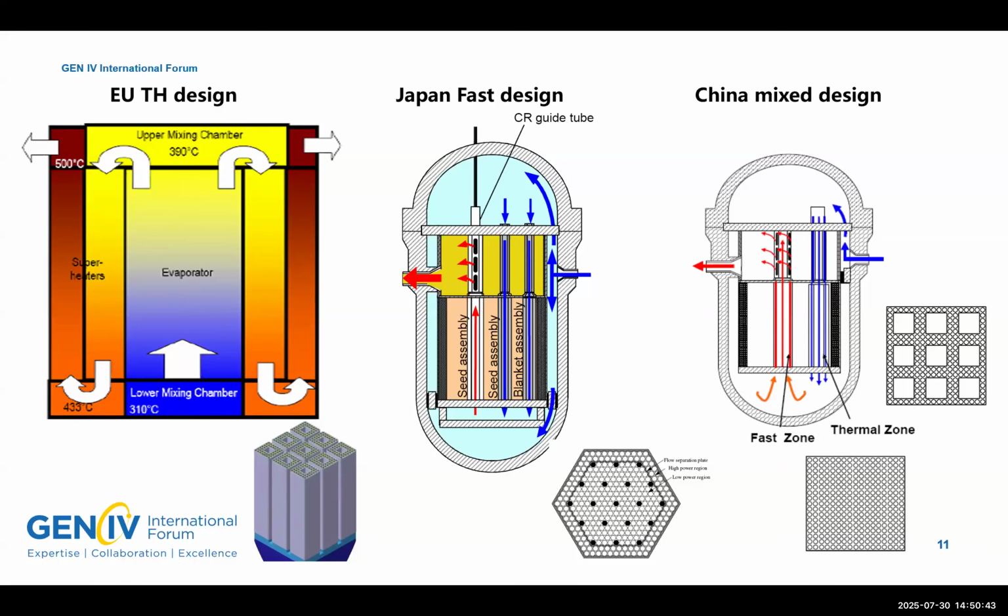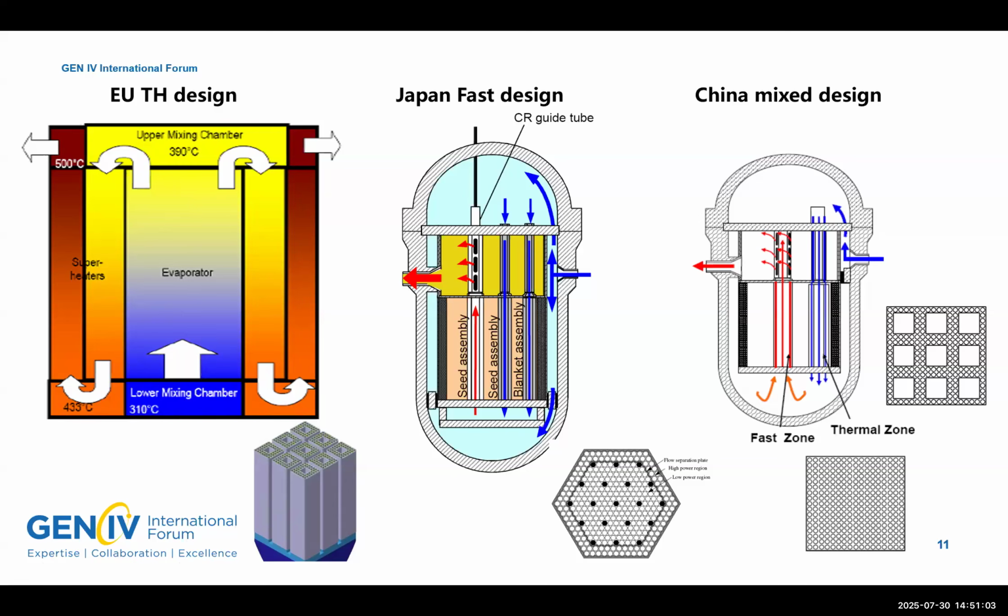The advantage is that when the water enters the pressure vessel, the temperature is low and the density is high, so it can provide enough moderation, and then we can get the thermal spectrum of the neutrons.